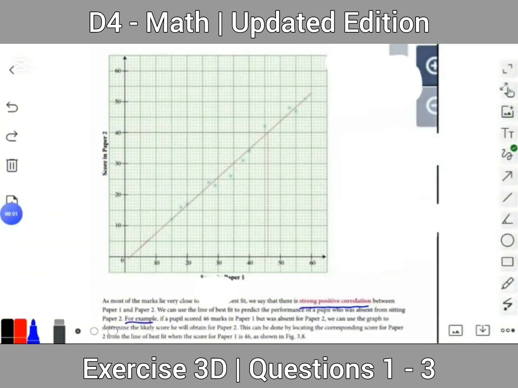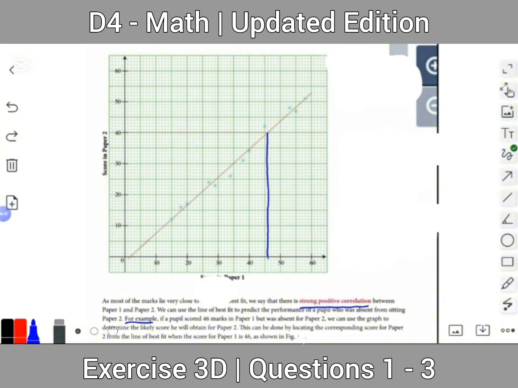Now for example, if a pupil scored 46 marks in paper 1 but was absent for paper 2, we can use the graph to determine the likely score he will obtain for paper 2. This can be done by locating the corresponding score for paper 2 from the line of best fit when the score for paper 1 is 46. As shown in the figure, from 46 we will draw a vertical line until it intersects the line of best fit.